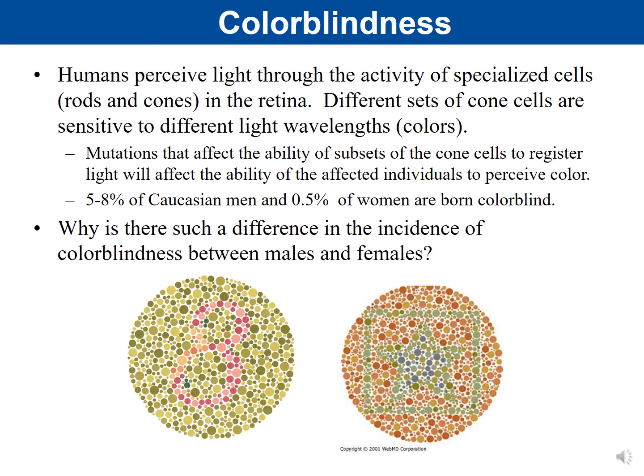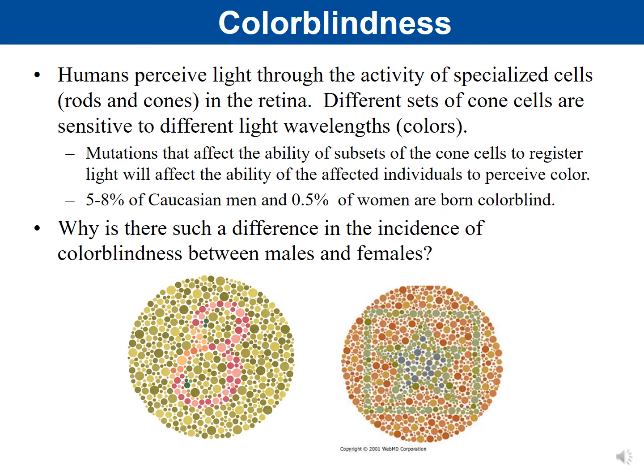If we look at the incidence of color blindness, about 5 to 8% of Caucasian men are born colorblind, and 0.5% of women are born colorblind. We're going to talk about why there is such a difference in the incidence of color blindness between males and females, meaning why are males more likely to be colorblind than females?